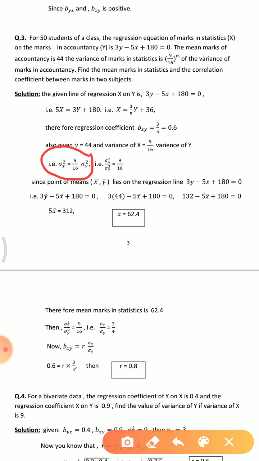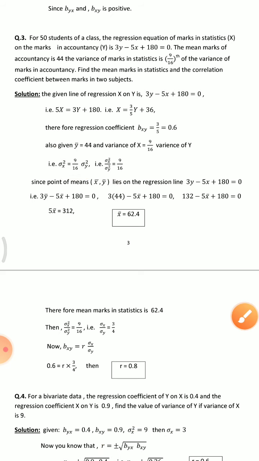Sigma square x is equal to 9 by 16 sigma square y. Shifting sigma square y to that side, the equation becomes sigma square x upon sigma square y is equal to 9 by 16.